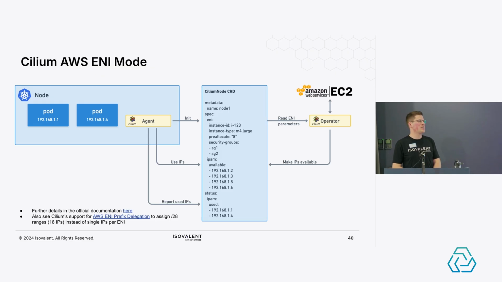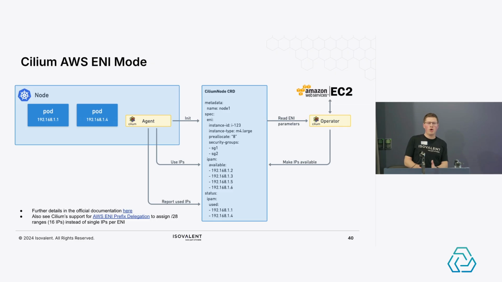From there, it's available for all the agents, in particular for the specific agent running on the node to which the CiliumNode CRD belongs. And from there, you can take the IPs. Once an IP is taken from there and assigned to a pod, it's updated as a used IP address.